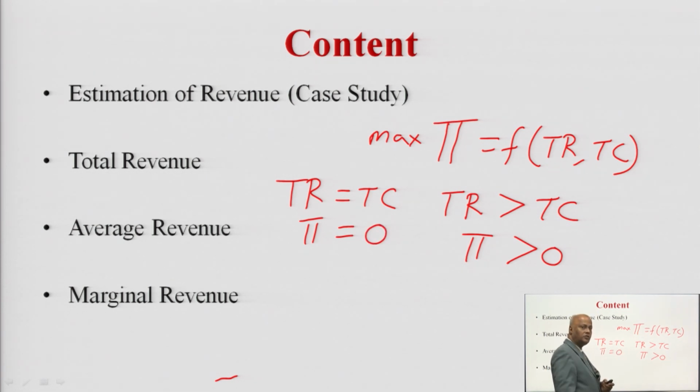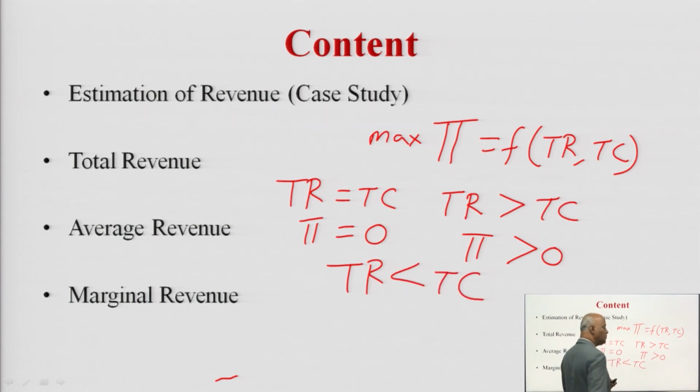And there is another situation these business managers come across, that TR is less than TC. That means cost is much higher compared to total revenue. In this case profit is less than 0, which means negative profit.